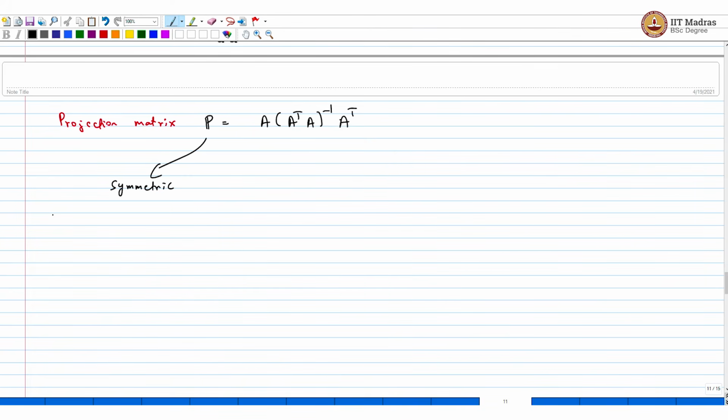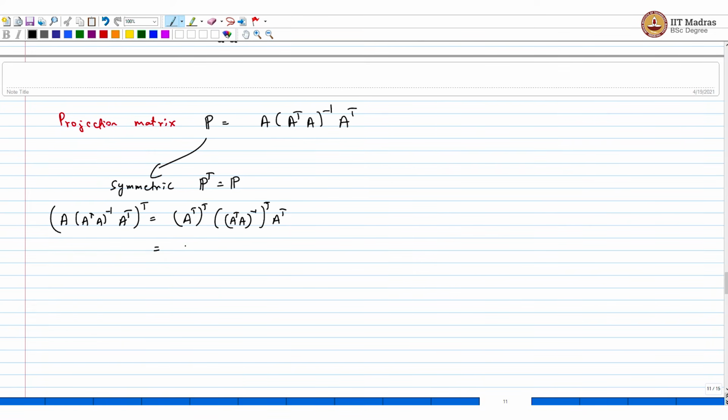This can be checked. You want it symmetric, that is P transpose equals P. Just take the transpose of this entire thing, A into A transpose A inverse A transpose, whole transpose. This equals A transpose whole transpose, then A transpose A inverse transpose into A transpose.